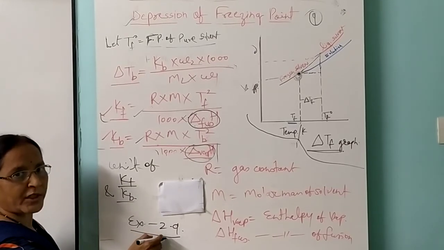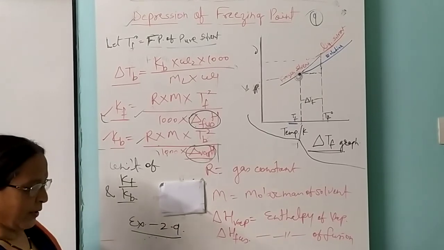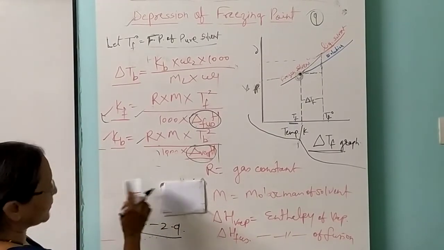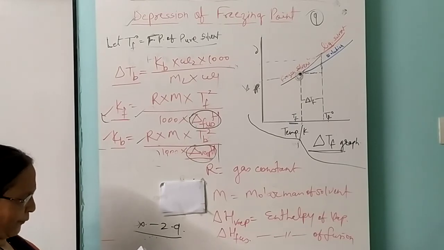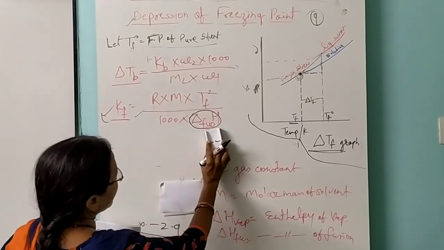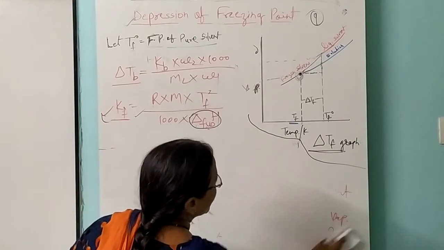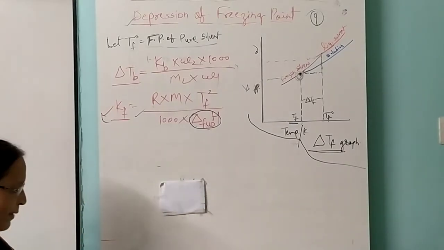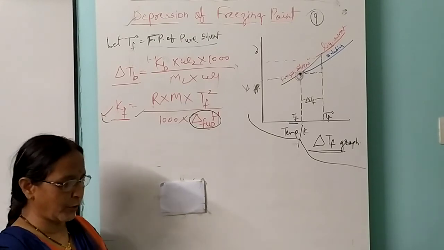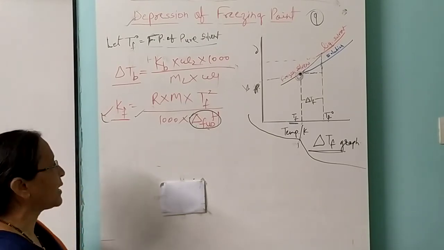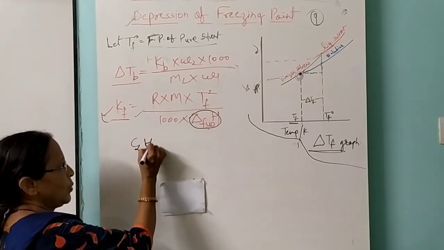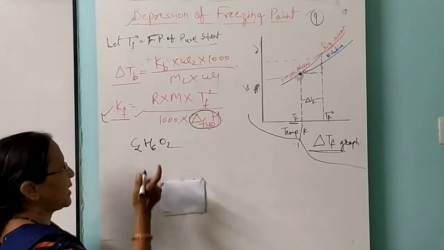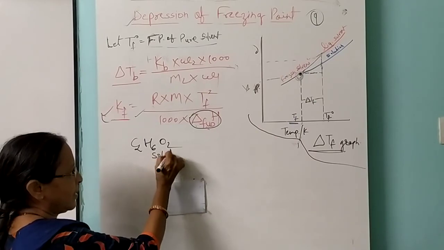It is a very important example. 45 grams of ethylene glycol, C2H6O2, mixed with solvent. Here we want to calculate Kf. It is very easy, we will write one by one. It means this is my solute.